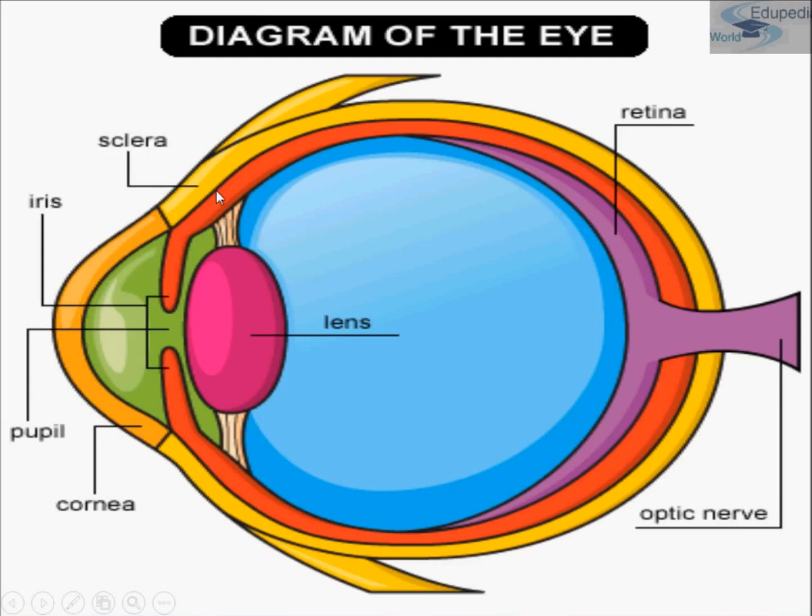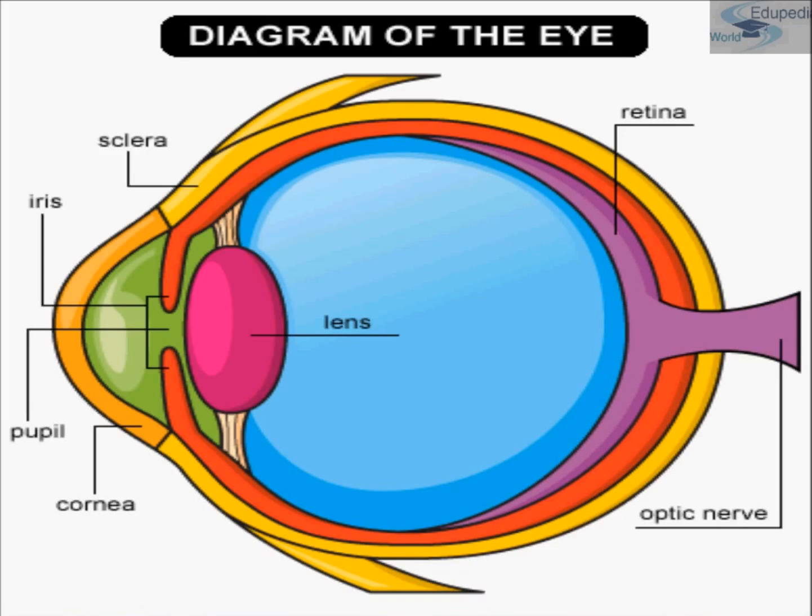Below sclera, there is a layer of black tissue which we call choroid. Choroid is not mentioned in this diagram, but it lies just below sclera, and it consists of a mass of blood vessels which nourishes the eye.